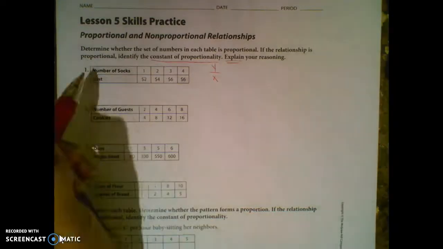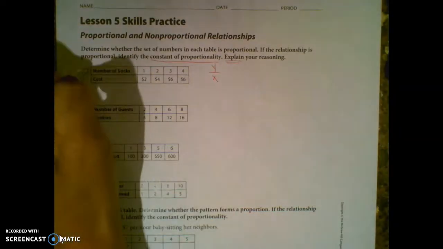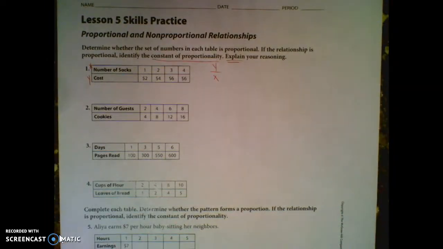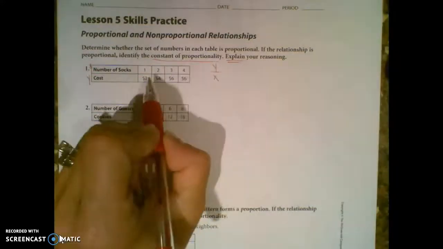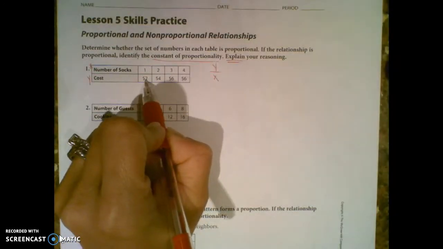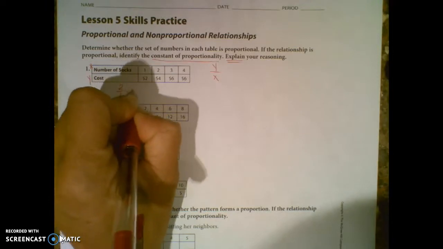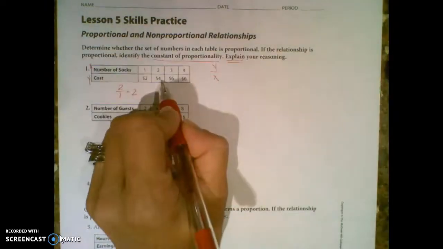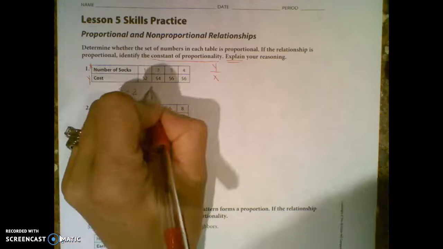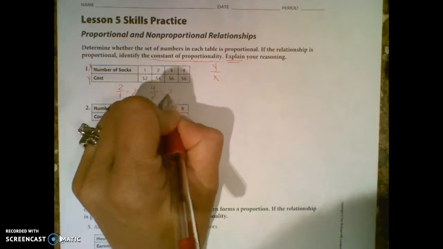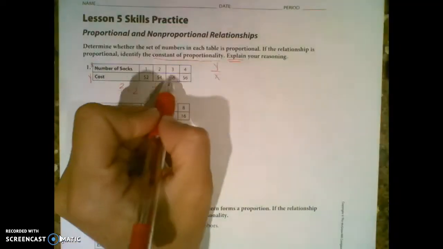So, looking at number 1, the top value is going to be my x, the bottom value is going to be my y. The number of socks I choose to buy or make or whatever will determine the cost of those socks, okay? So here we go. Y over x. 2 over 1 is 2. Y over x. 4 over 2 is 2. Looking good so far.